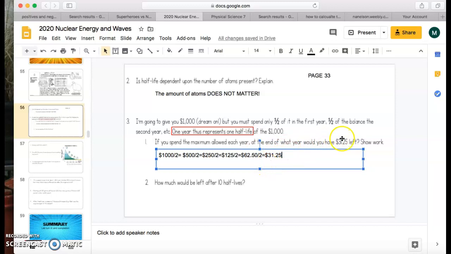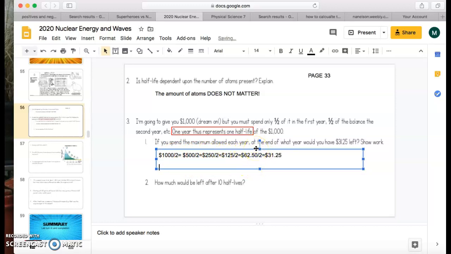Our numbers match, but it wants to basically know how many years it took us to get to this. In other words, how many half-lives? Well, all you have to do, guys, is count how many times you divided by 2. So let's count. 1, 2, 3, 4, 5.